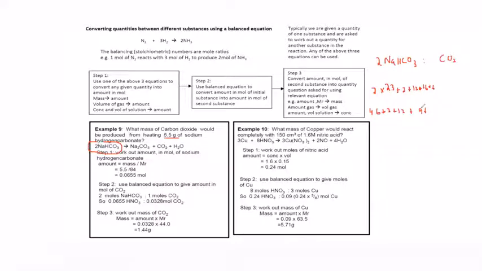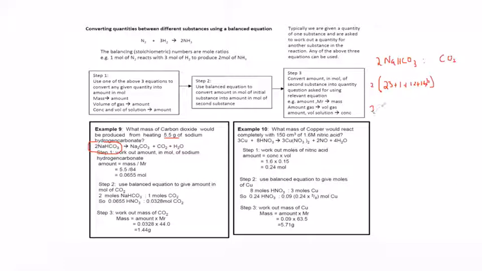So for sodium hydrogen carbonate, you can first take the mass of sodium hydrogen carbonate and multiply it by 2. Sodium is 23 plus hydrogen is 1 plus carbon is 12 plus oxygen is 16 multiplied by 3.